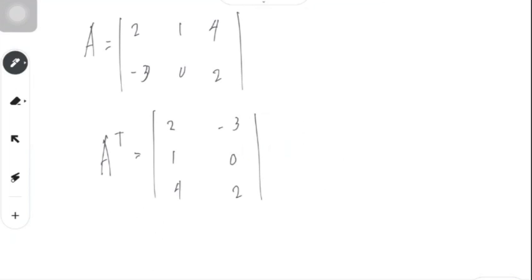Why do we have to know the transpose of a matrix? We're going to make use of this in dividing two matrices. Let's say matrix A to be divided by matrix B. So we're going to continue this by next meeting.